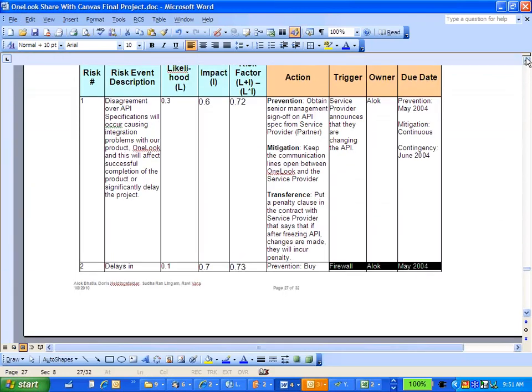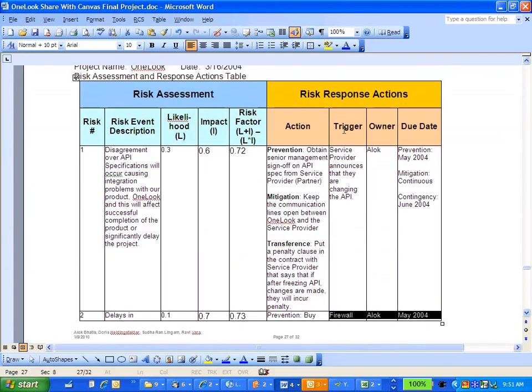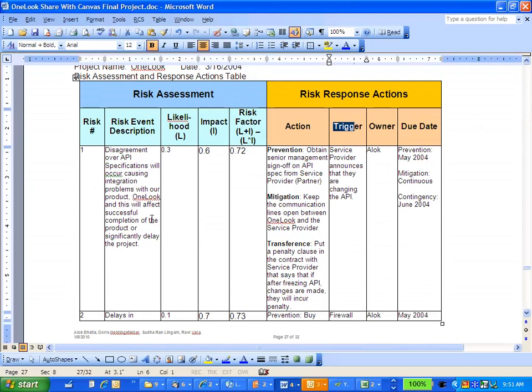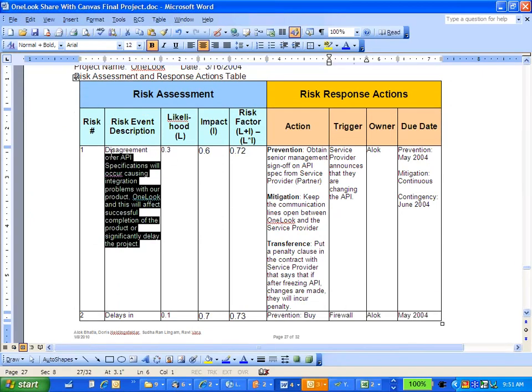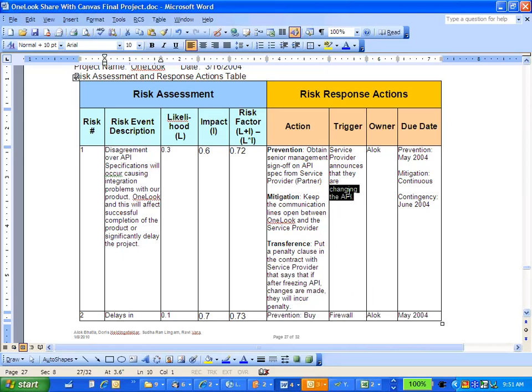You know, again, a trigger is like, how would you know as the project manager that this risk has occurred? So the answer to the question, Madhvi, about trigger is, how would you know as a PM that this risk has occurred? Right? It's simple. The service provider will announce that they are changing the API. It's again common sense. That's why I didn't even go over it.